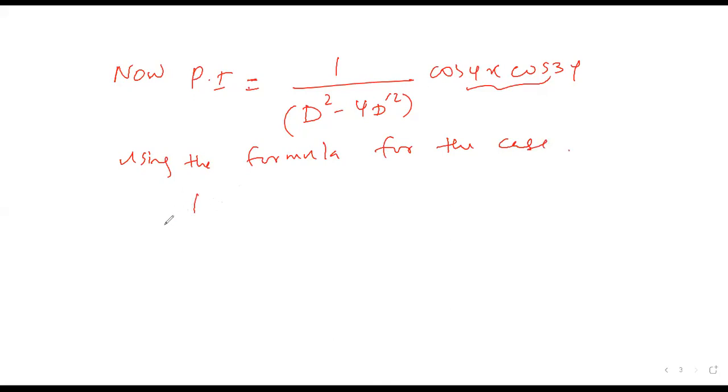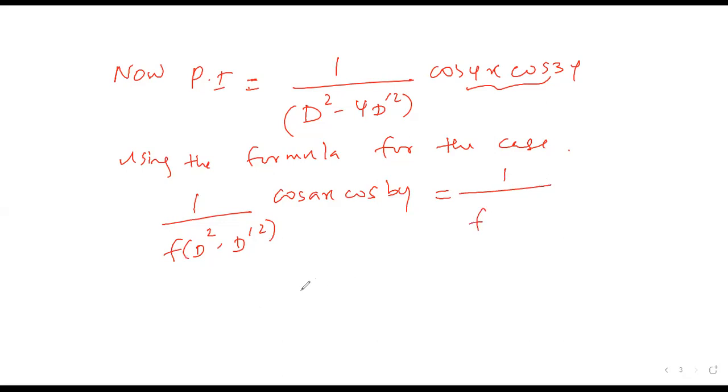If you have a function of D squared, D dash squared, times cos ax cos by, then your particular integral is 1 over f, where you have to use D squared equal to minus a squared.